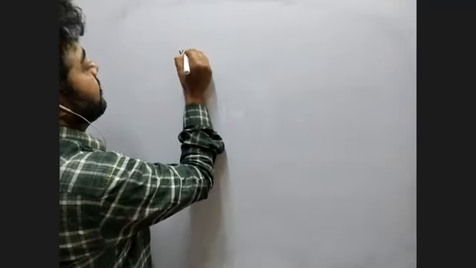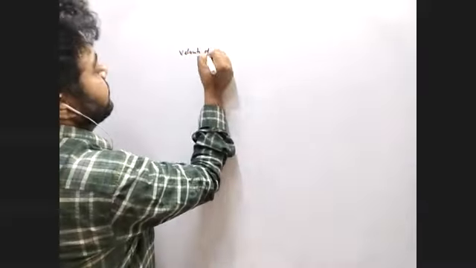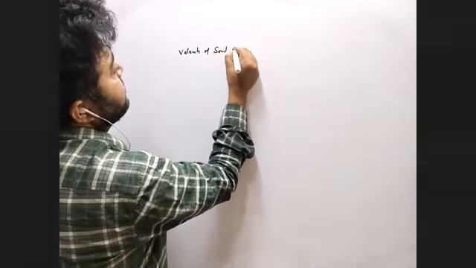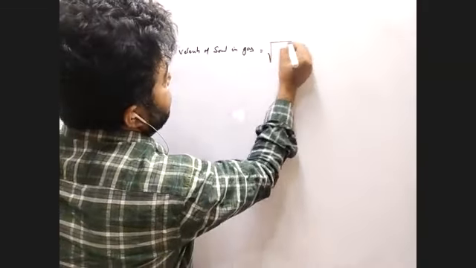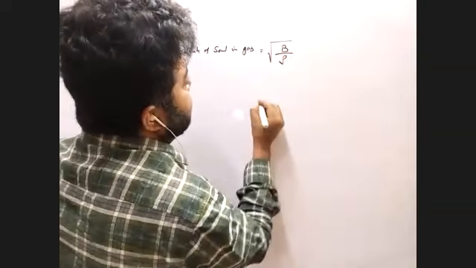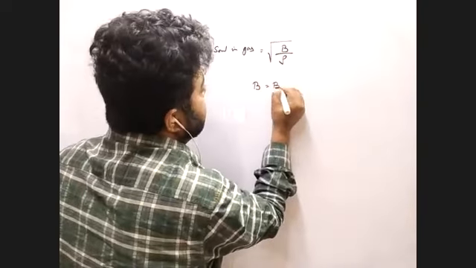Yes, sir. Newton's formula and Laplace correction. Like the velocity of sound in a solid is root under T by mu, similarly the velocity of sound in a gas is root under B by rho. What do you mean by B? B is the bulk modulus.